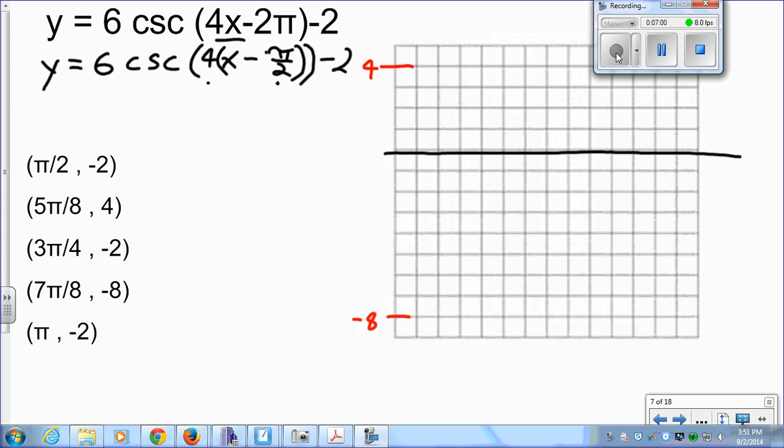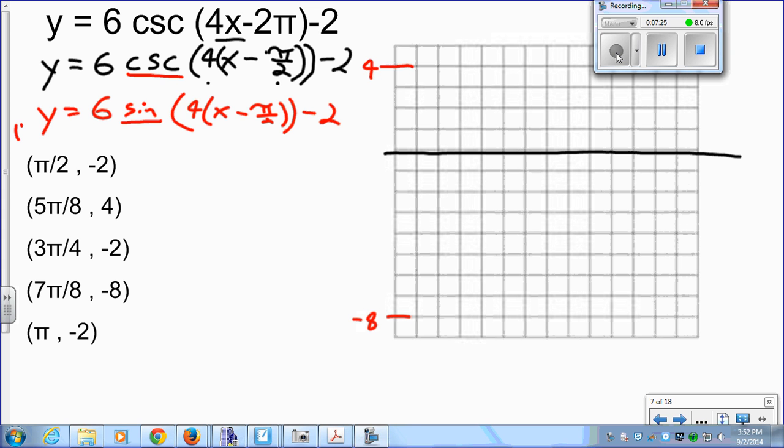So when I graph this, really what I want to initially look at is y equals 6 sine of 4 times x minus pi over 2 minus 2. Because the sine is a reciprocal function of the cosecant.